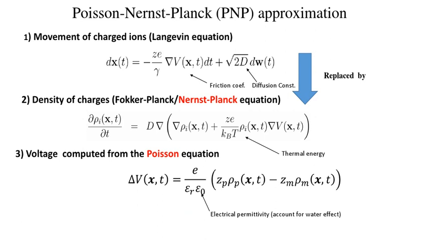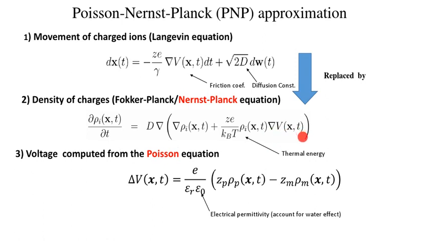So the description at the level of one charge, the Langevin equation, which is summarized here, can be replaced by what is called an equation for the density of charge, that is the number of charge per unit of space, and the derivative with respect to time equals the diffusion term plus the drift term due to the electric field.